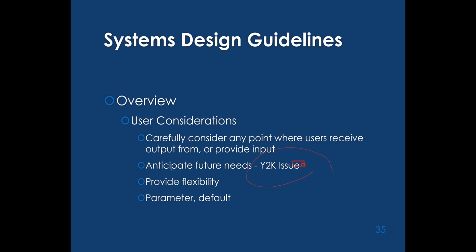Y2K, or the year 2000 problem, at that time was a classic issue for all of computer science, computer engineering and developers. What happened in the past was that all of the computers at that time kept the year in 2 digits only.